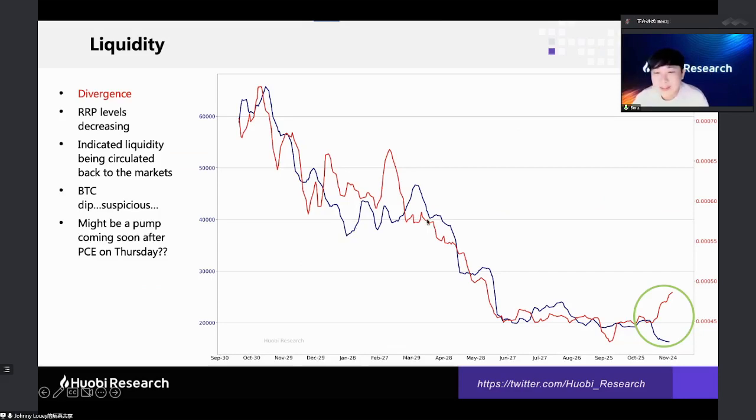So from what I see, there's a pattern: when the RRP spikes, one month later the BTC price spikes, right?